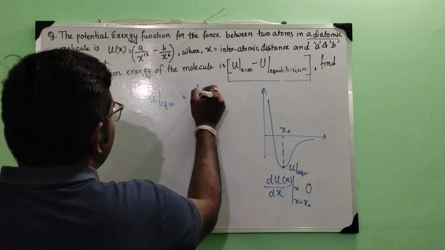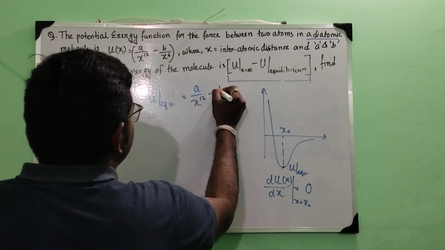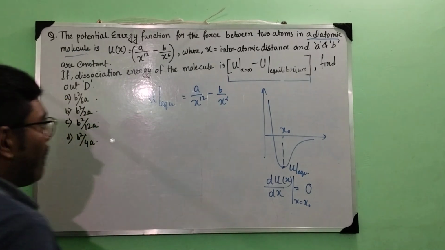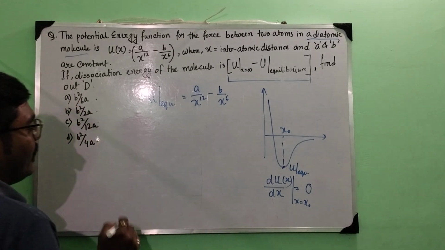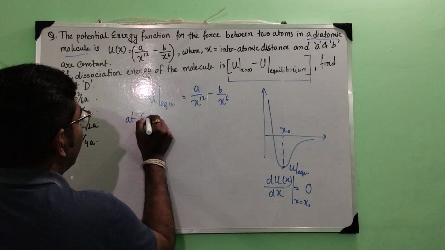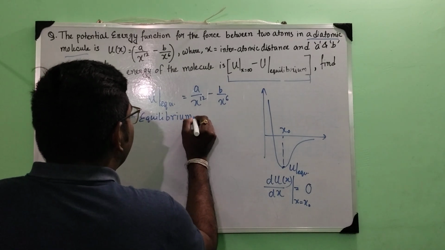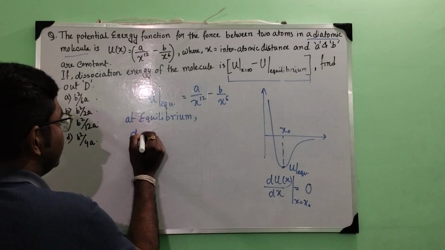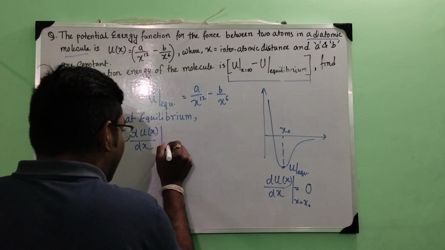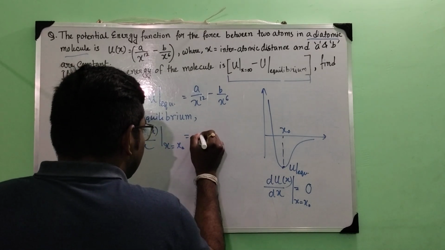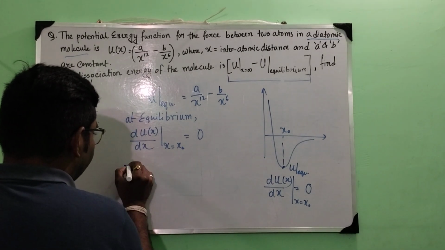We know this function: a by x to the power 12 minus b by x to the power 6. Now at equilibrium we put this condition, that means the first derivative at x equals x0 is equal to 0.